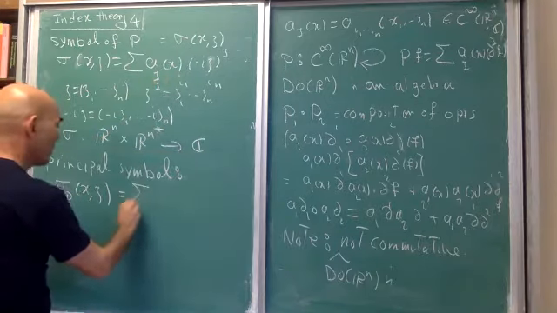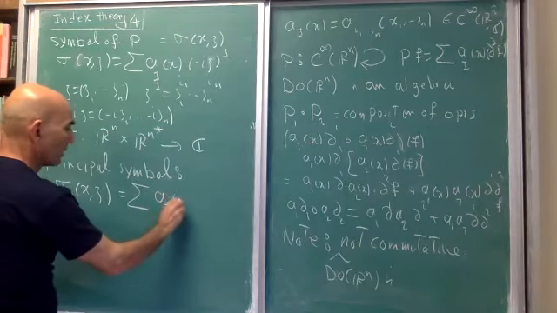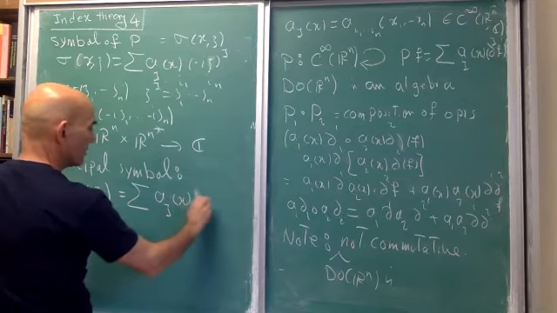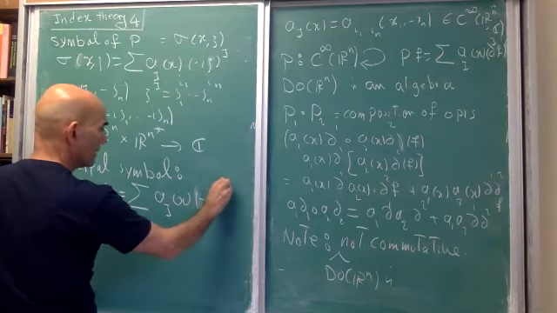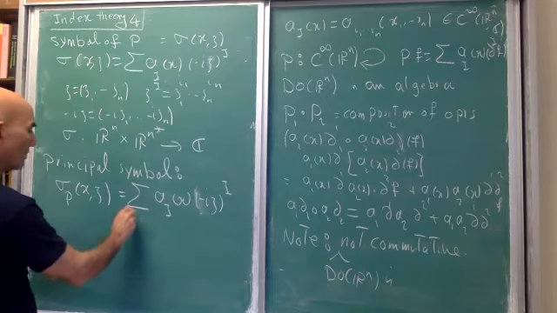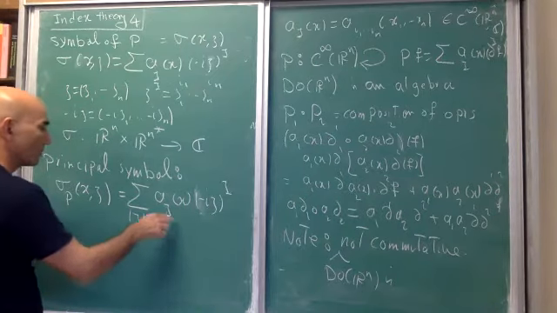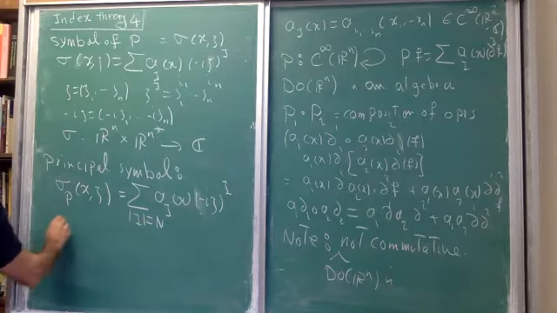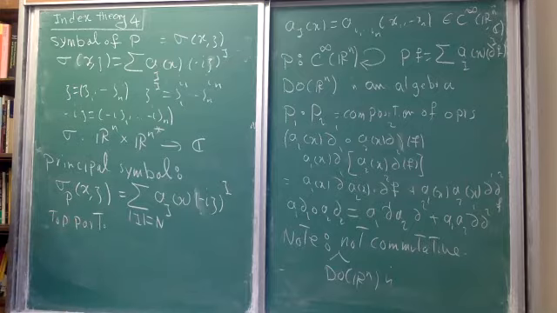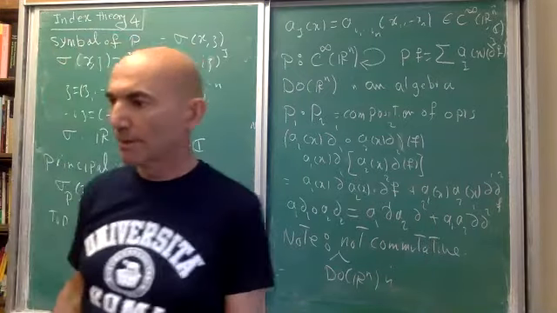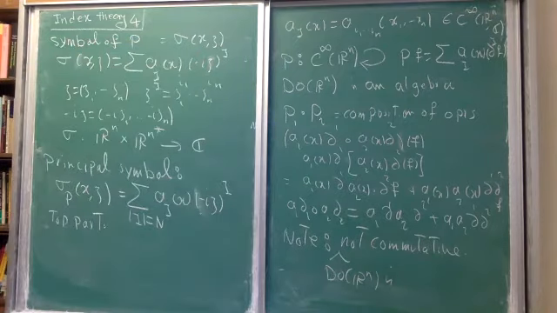So that's the sum of a_I(x) (minus i xi)^I, where the absolute value of I is equal to n, the top degree part.